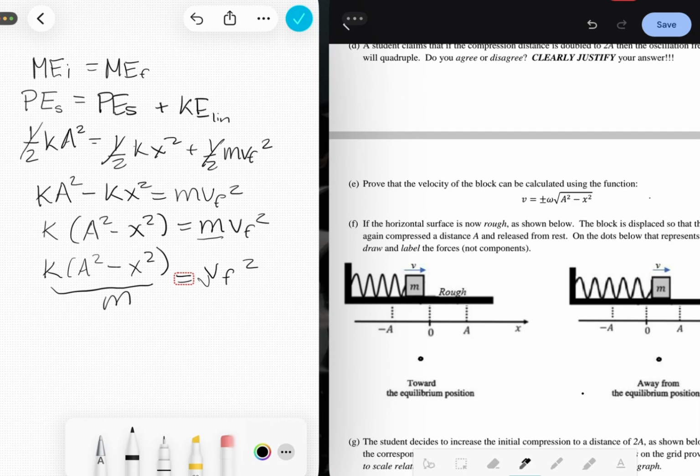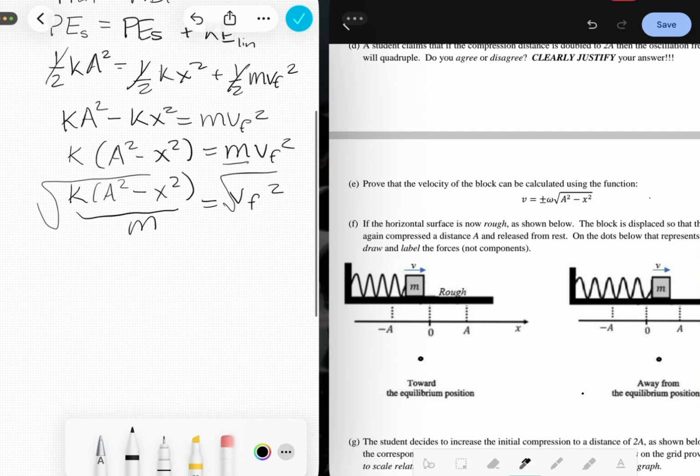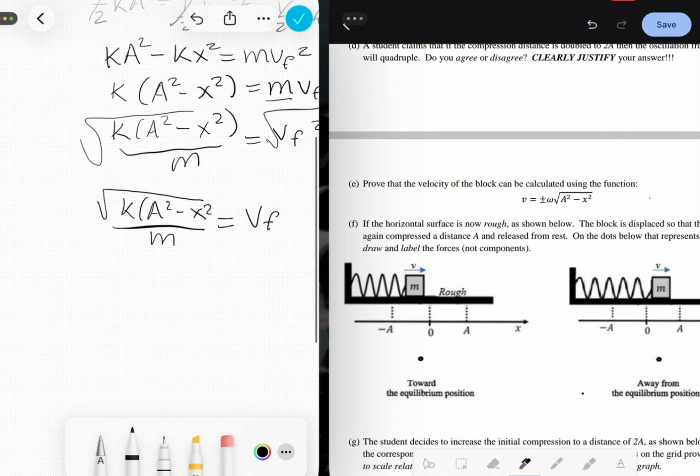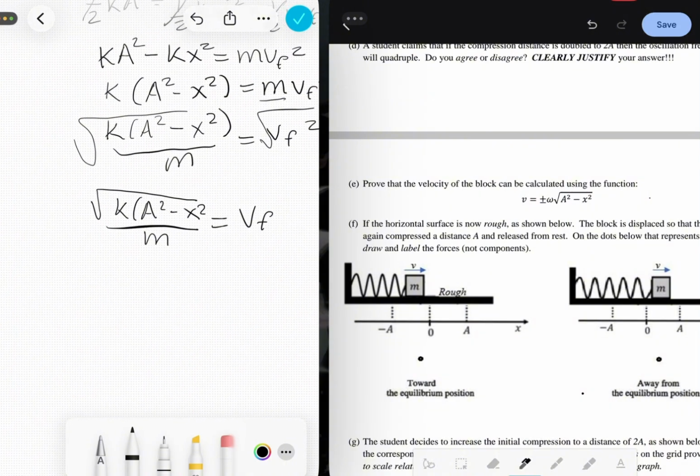And then I'm going to square root both sides. And radical k over m equals to omega, and it's plus or minus because it's radical. And I'm just going to leave the A squared minus x squared in the radical.